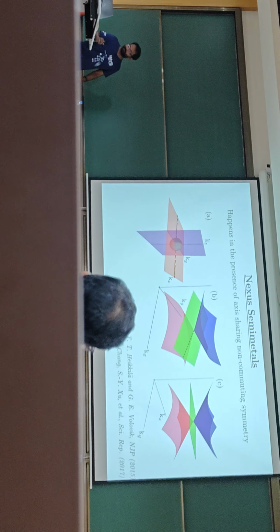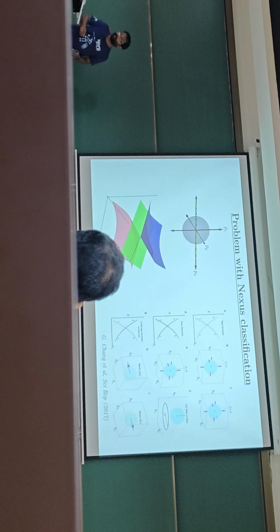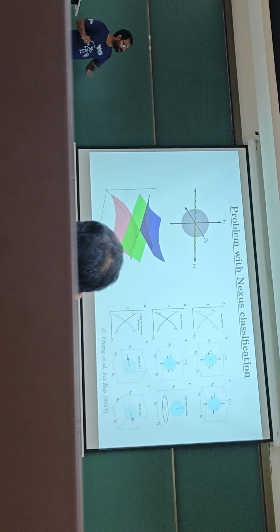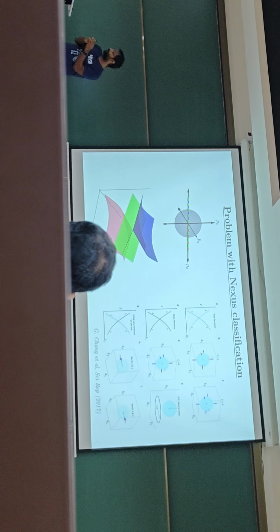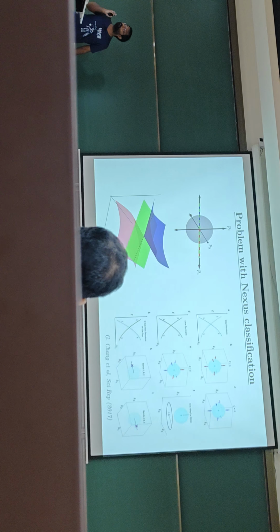Okay, so these are called nexus constructs. The problem is that if I want to understand that triple point in the middle and enclose it in a sphere, I cannot, because these points remain degenerate along the region.